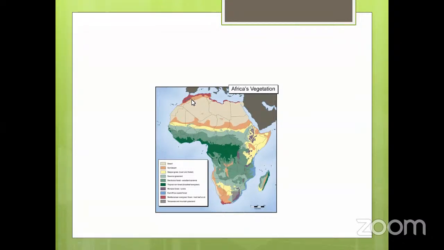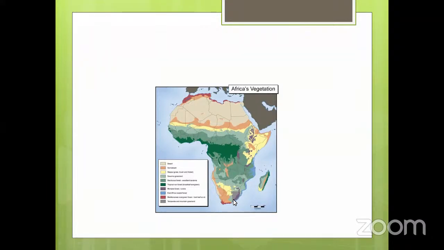Then you move to the extreme end here. This is Mediterranean vegetation. We have Mediterranean vegetation here and here. Then this one here, leave alone the pink one, this one here is the temperate.